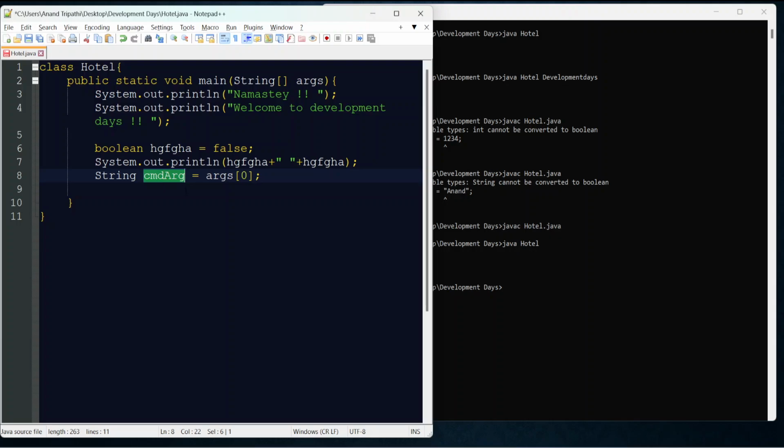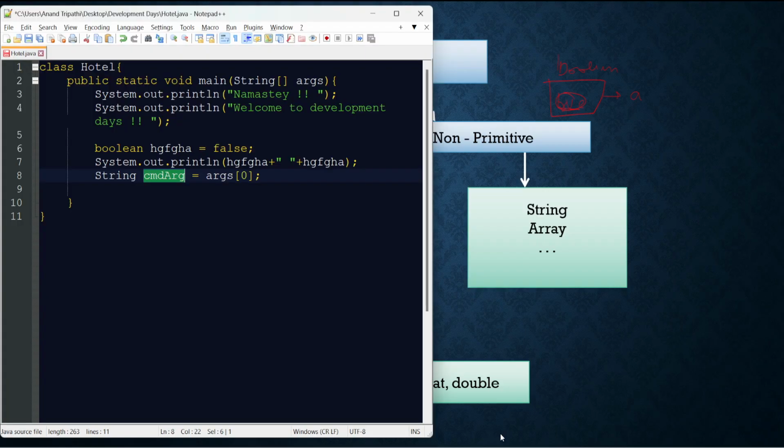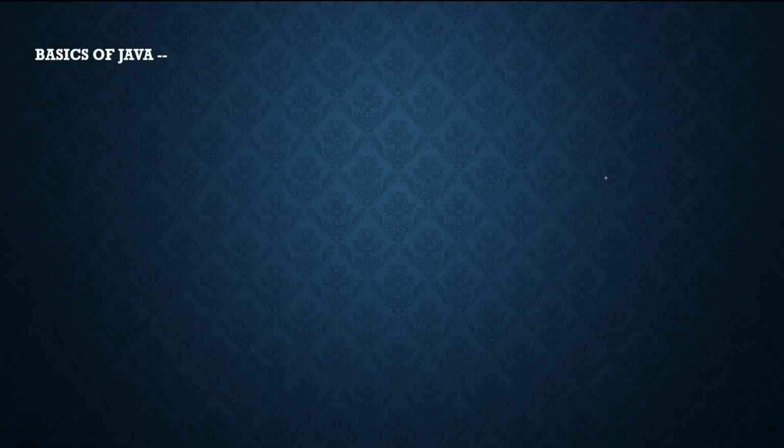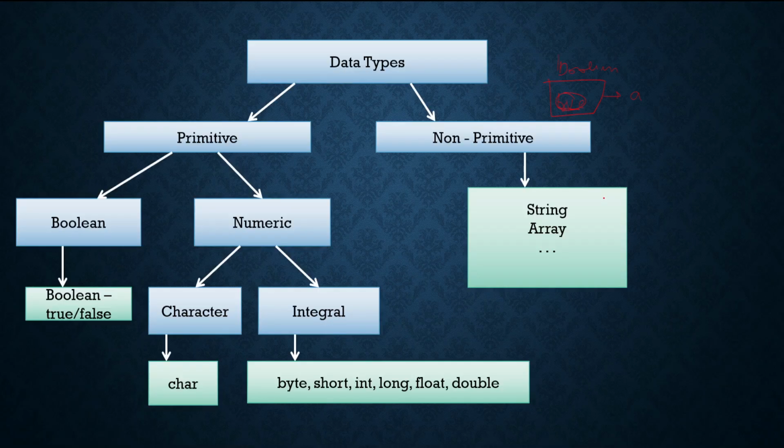Does this box contain the variable or not? Let me show you that too. I am purposely doing this. You can see again, I have created one box. It is of string type. And what is the name of that particular box?